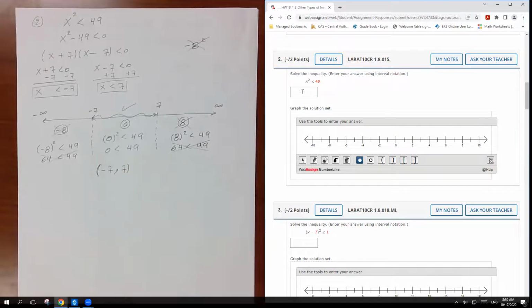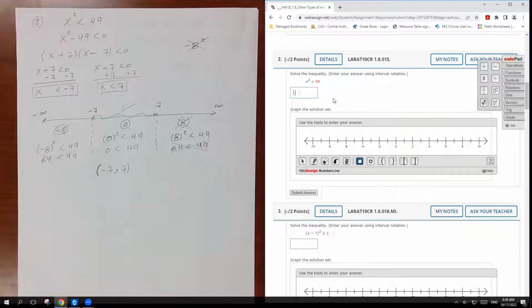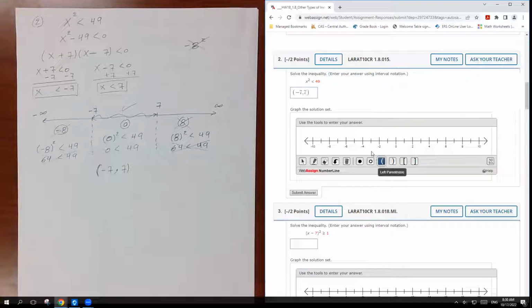Let's check here. We're just going to put two parentheses, negative 7, comma 7. To graph it, here is negative 7 and here is 7.